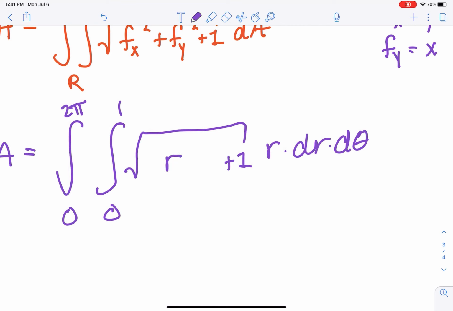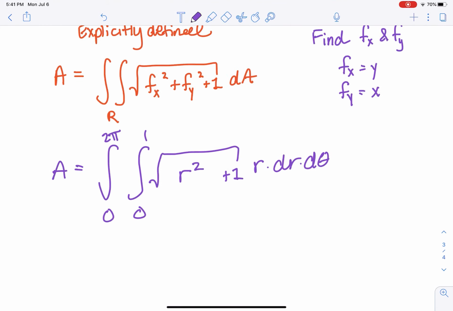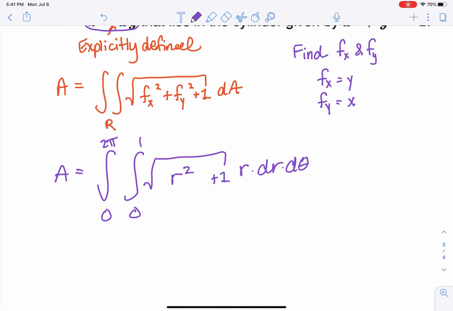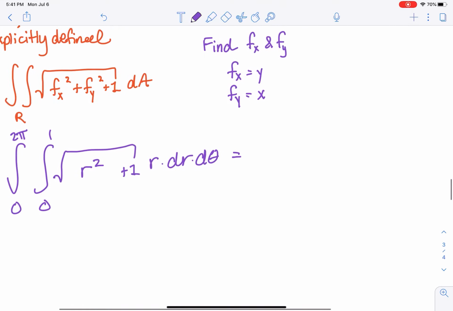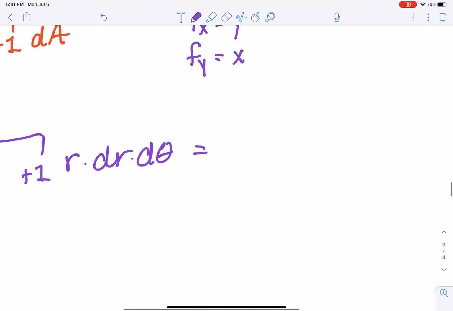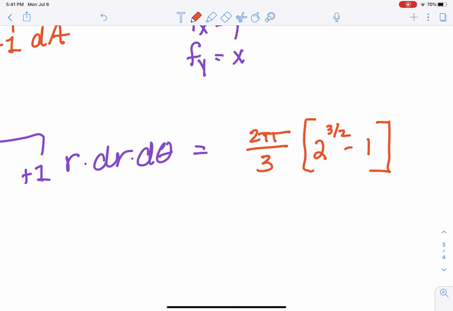So then you get the square root of r squared plus 1 times r dr d theta. And then if you do that integration, you'll get the surface area of this shape is equal to, let me put the answer in red, 2 pi thirds all times 2 raised to the 3 halves minus 1. So that's the answer you're looking for when you do the evaluation.